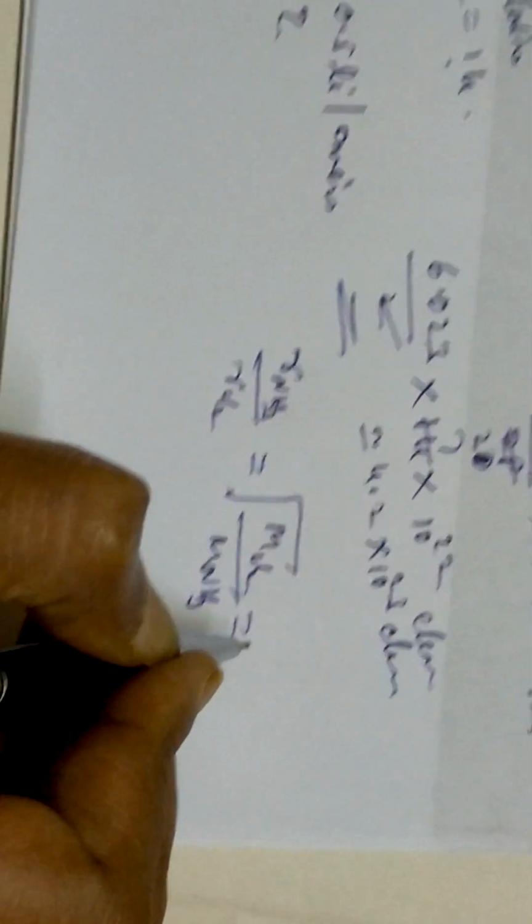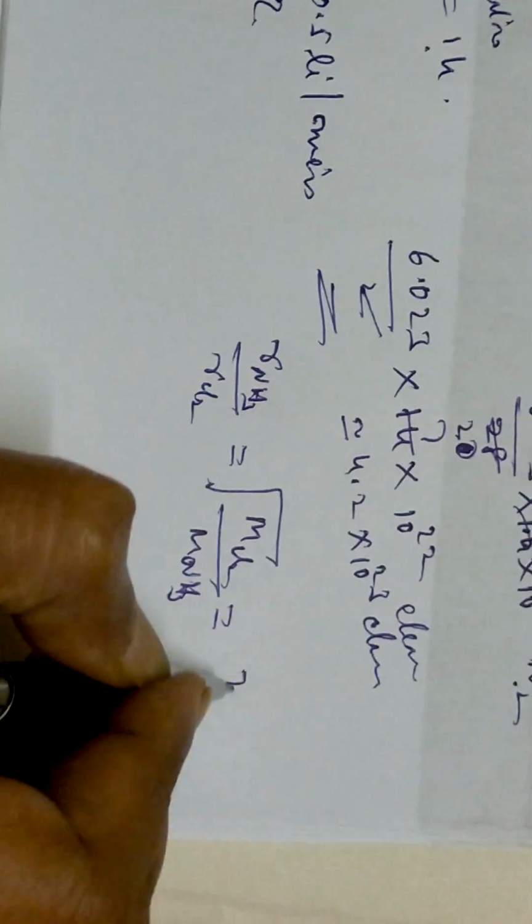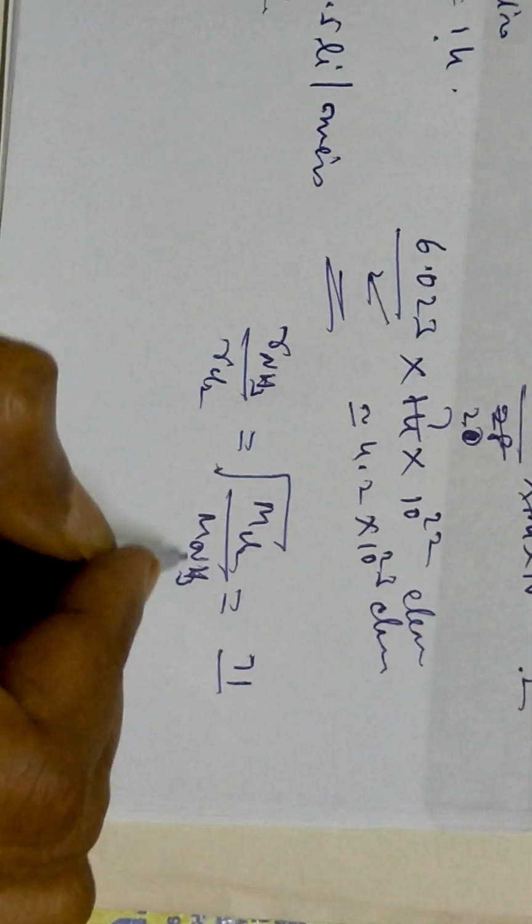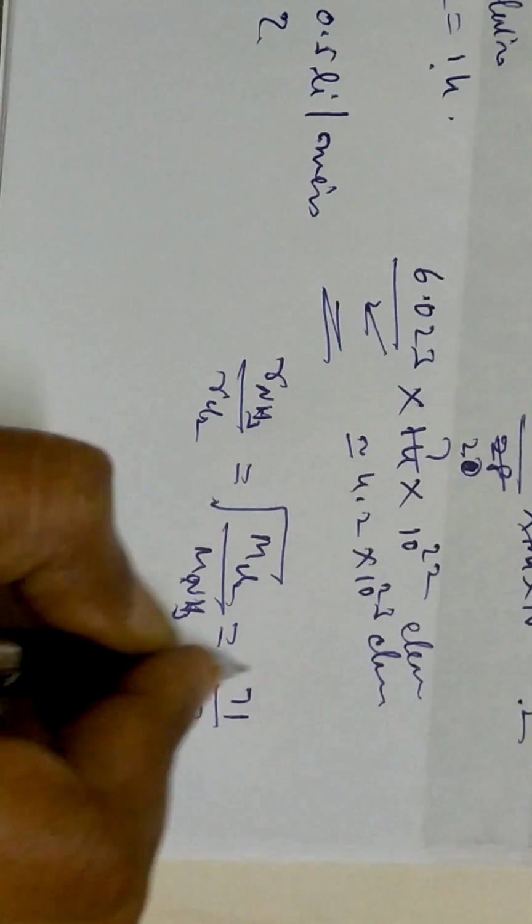M is the molar mass, the molecular mass. M chlorine equals 71, M ammonia equals 3 plus 14, that is 17, under root.